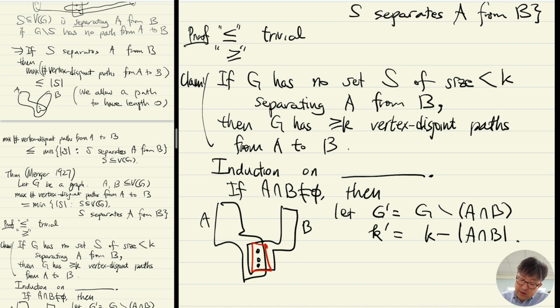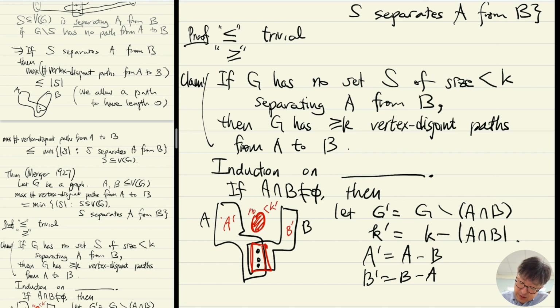Now by the induction hypothesis, I don't have any set separating A minus B from B minus A. Let's say A prime is A minus B and B prime is B minus A, and I don't have any set S separating A prime from B prime if it has size less than K prime.